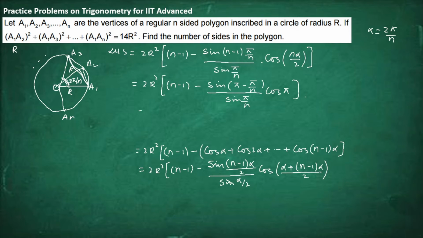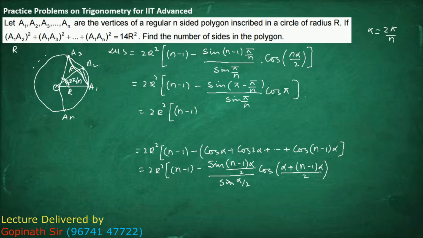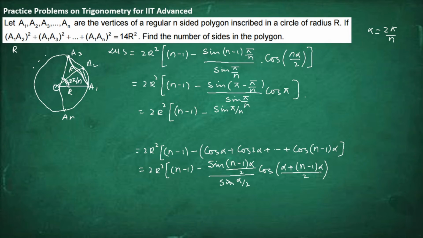So it is 2R square into n minus 1 minus sine pi by n divided by sine pi by n into minus 1.